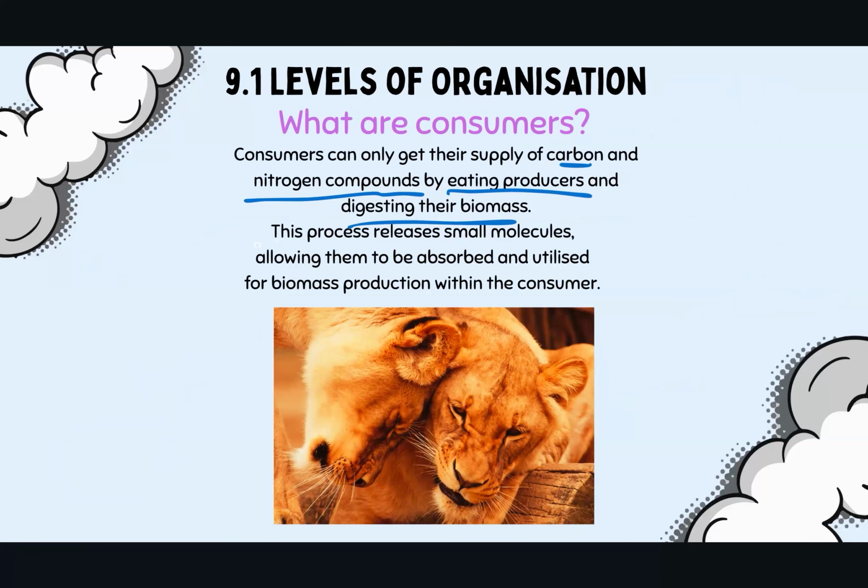So when we digest things like plants and animals, it breaks them down to small molecules. Those small molecules can then be absorbed into our blood and then they can be used for our biomass production. So they can be used to make more proteins, more carbohydrates, more fats.